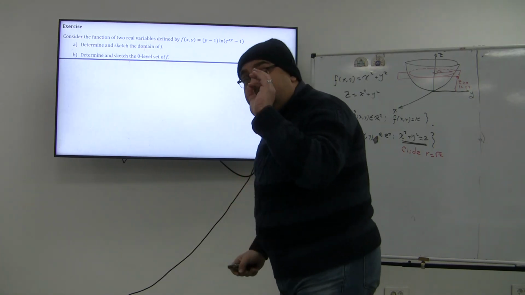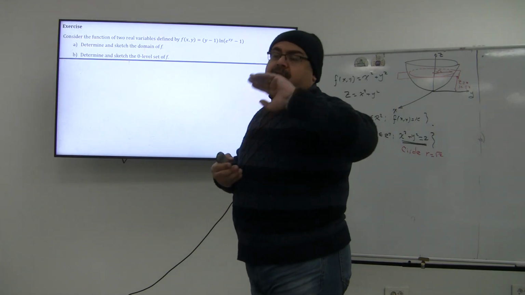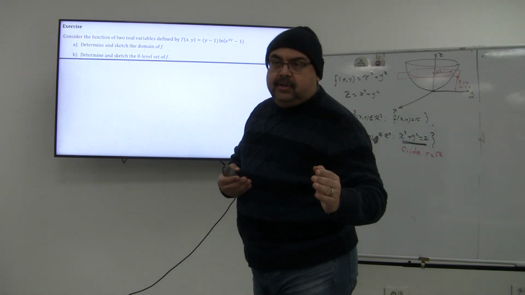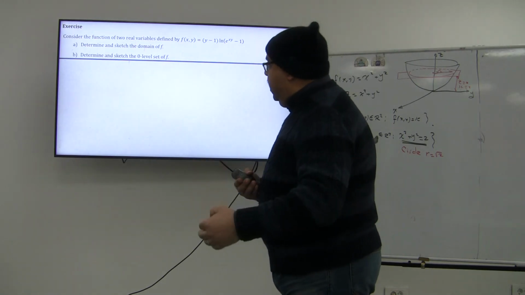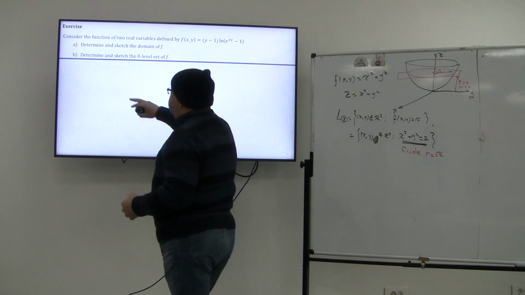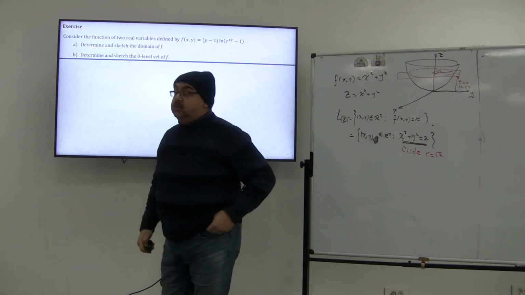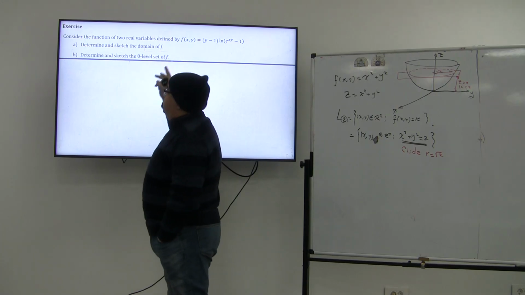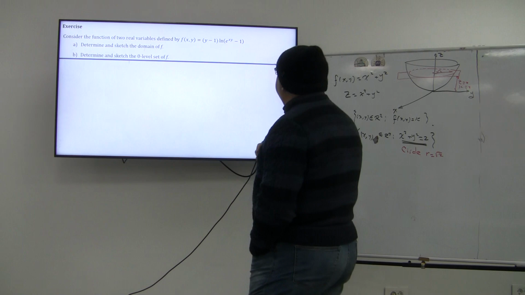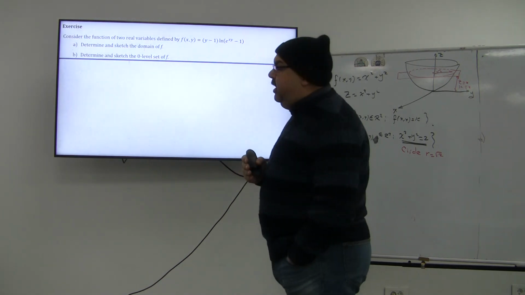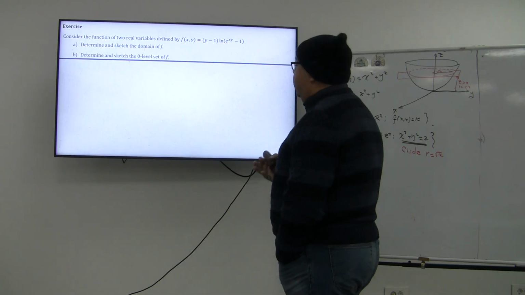And in this requirement, we are connecting all the information about the domain that we talked about in the previous lecture, plus the understanding of the levels, starting with part d, determine and sketch the 0 level set of this function. So if I'm trying to sketch the domain of this function, I will have to think. When am I going to have a regulation on the domain of y minus 1 times ln of e to the power of xy minus 1?